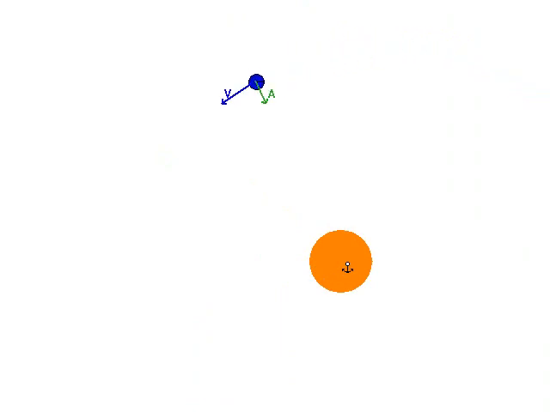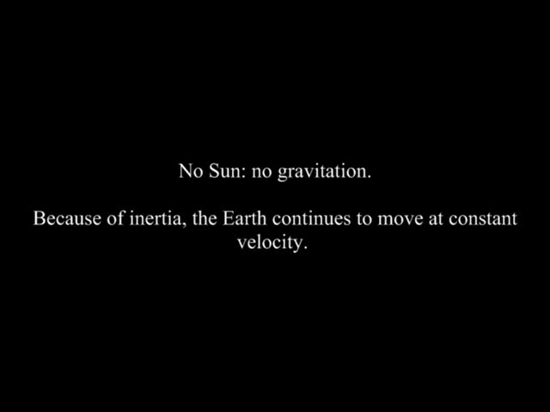But as I said, for simplicity, we just keep the Sun fixed, so that we just have the Earth going around it. The Earth would just move on at 20 miles per second because of its inertia.